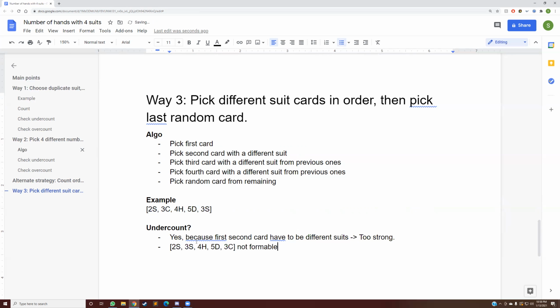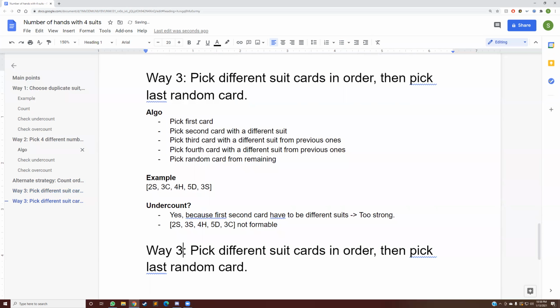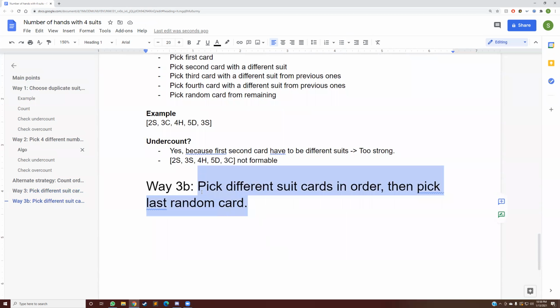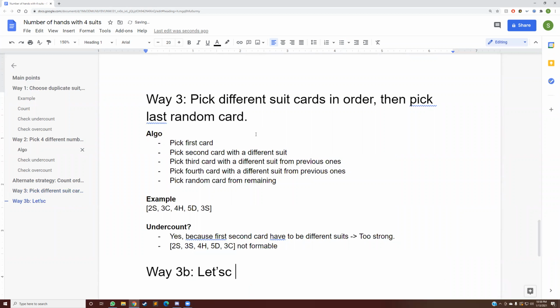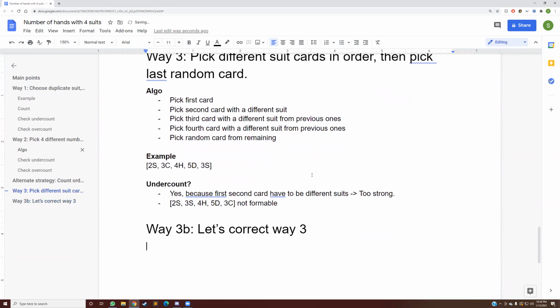Now we are going to talk about the last way, which is closest to the approach that you wanted to do. Let's correct way 3. The problem is we need to be able to decide where to insert the final random card.